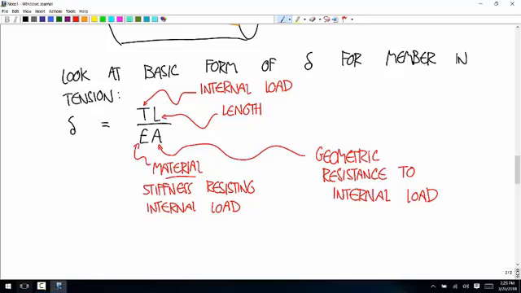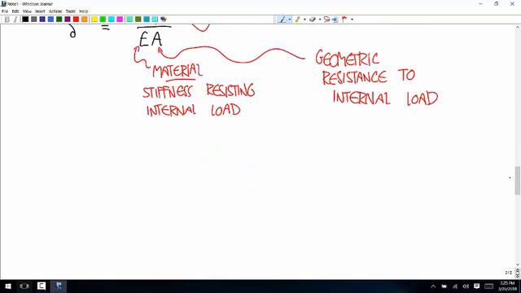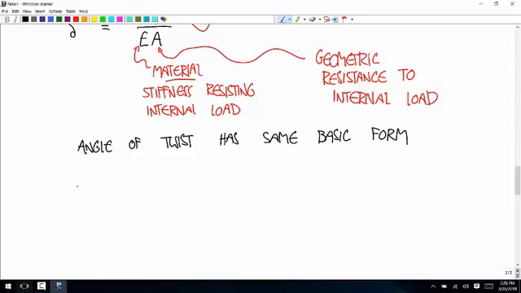And if you think about those that way, it'll help you remember the form for the angle of twist for torque. This angle of twist has the same basic form. Phi is equal to, when we're talking about angle of twist, what's the internal load that matters? Torque.